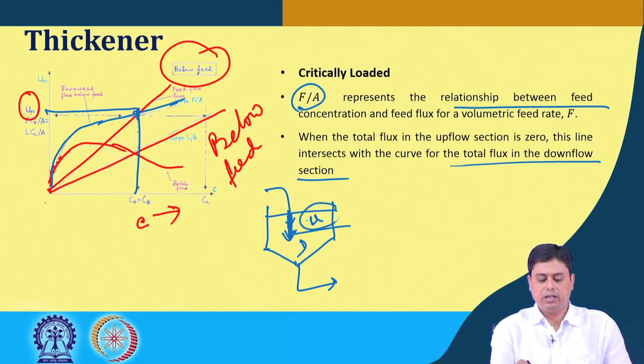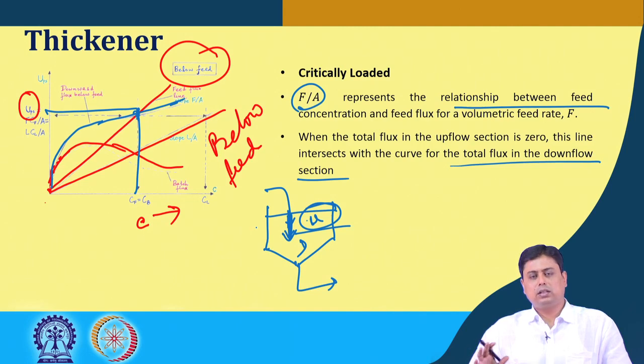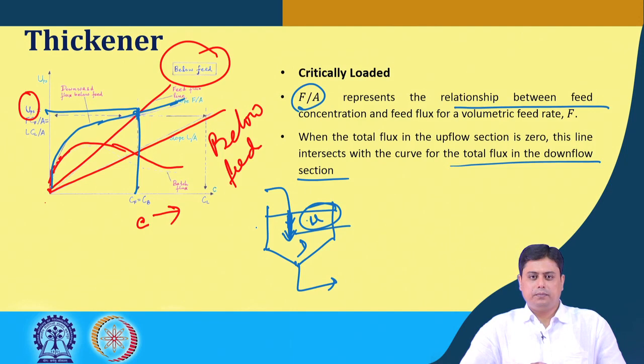In this section, there would be no flux in the upflow section, which means this is a critical value beyond which, or above which, the thickener will be overloaded.